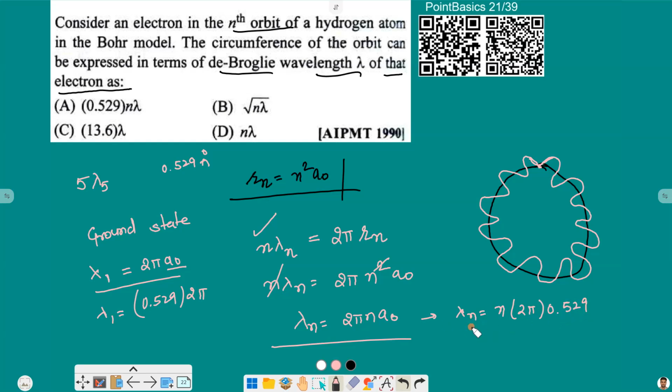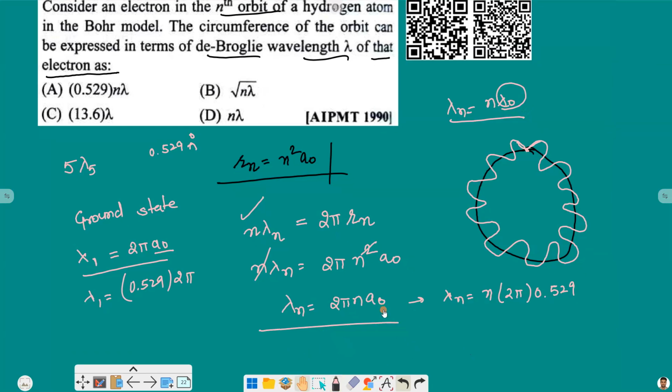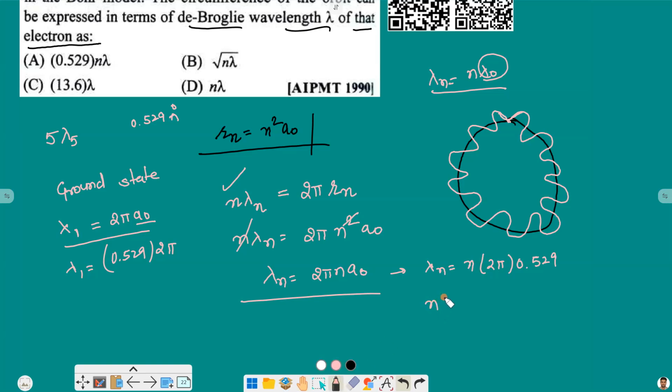Now, what we can do? We can do further substitution that lambda n, this is regarding de Broglie wavelength, will also be equal to n times the lambda node, where lambda node is the de Broglie wavelength of the ground state. So if I substitute it here like this, that n times lambda node is equal to n 2 pi into 0.529. Now n gets cancelled, and we have lambda node is equal to 2 pi into 0.529.